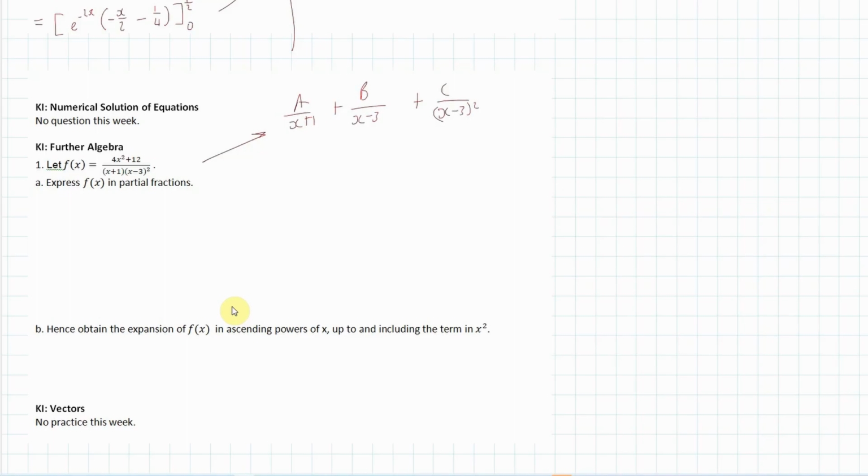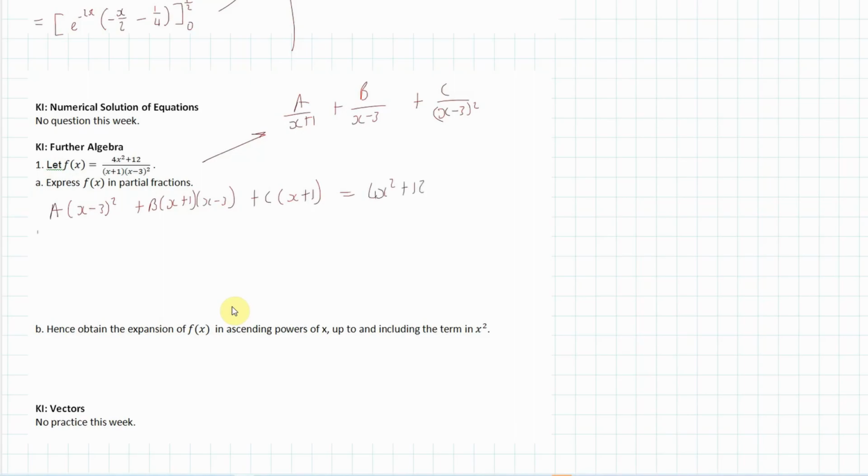Now, this means that we're going to get A into x minus 3 all squared, plus B into x plus 1 times x minus 3, plus C into x plus 1, equals 4x squared plus 12.